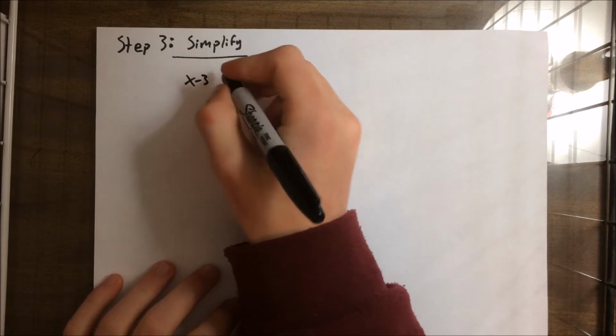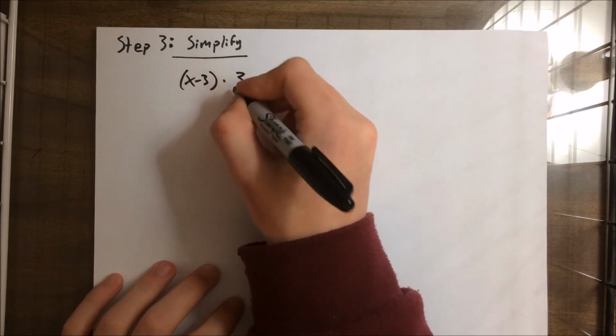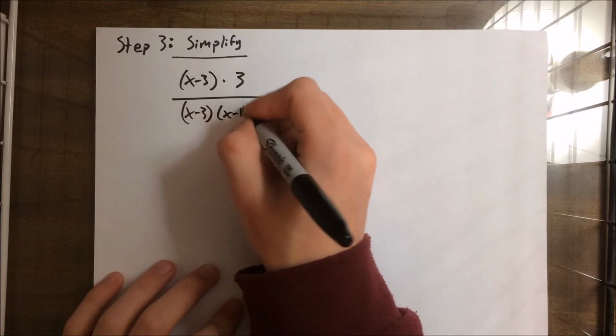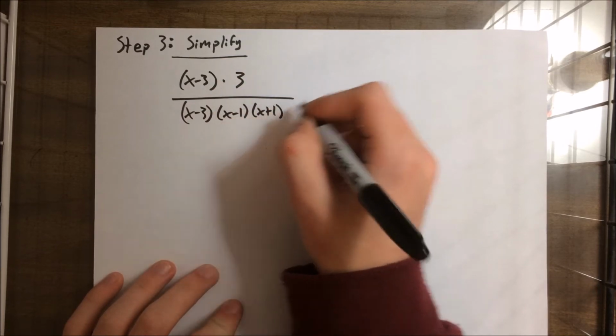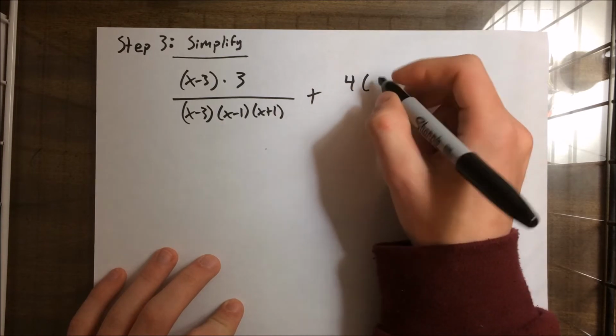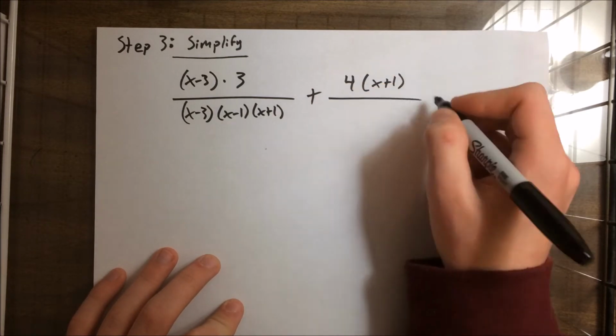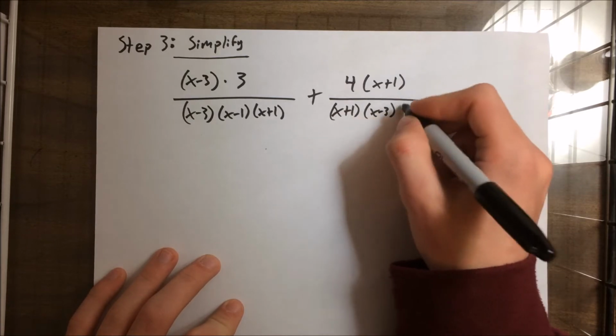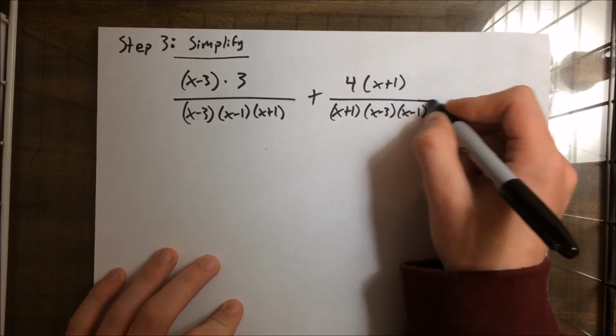Okay, so in step 3, we are going to simplify. So let's take the x minus 3 times 3 over x minus 3 times x minus 1 times x plus 1, plus 4 times x plus 1 over x plus 1 times x minus 3 times x minus 1.